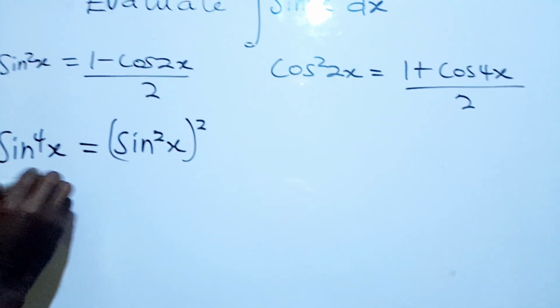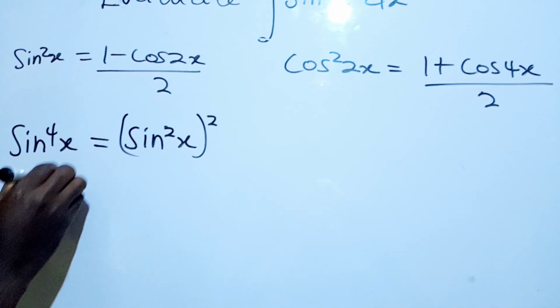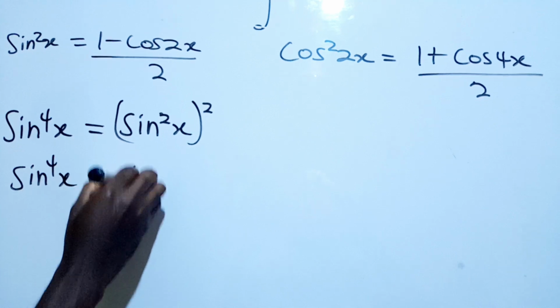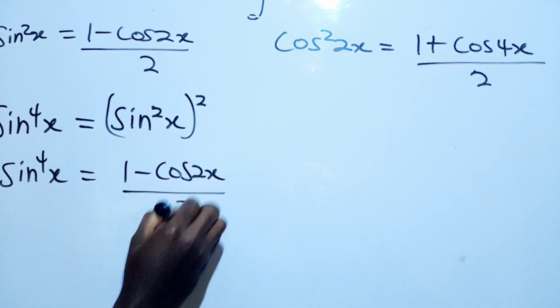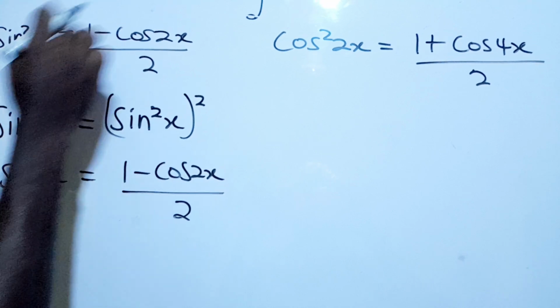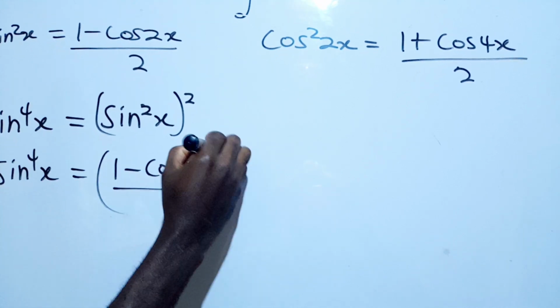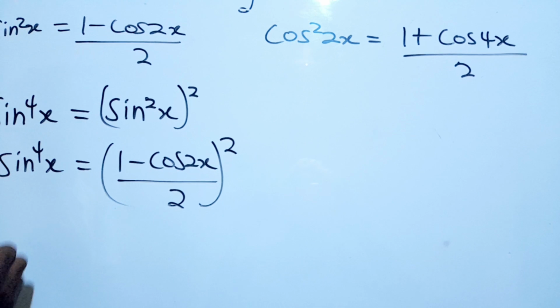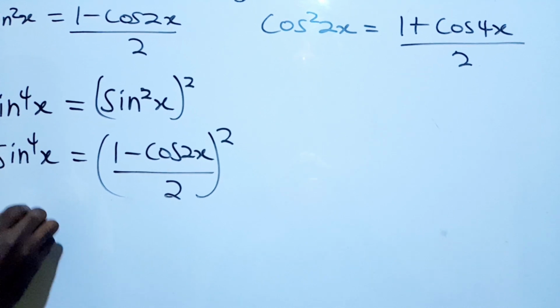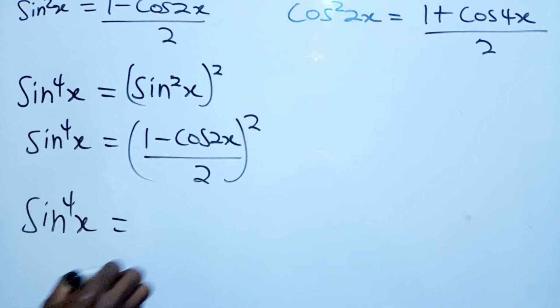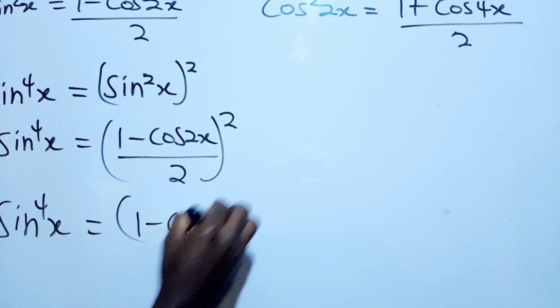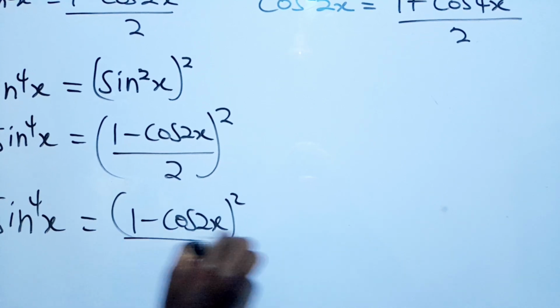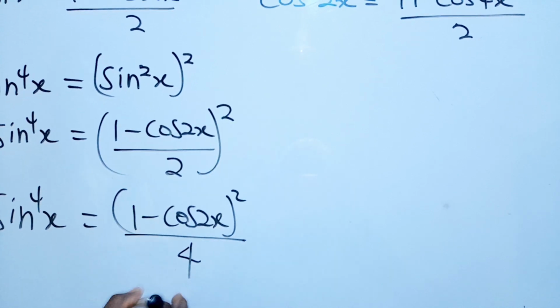So we can say our sine exponent 4x is equal to, in place of sine square x, I'll substitute 1 minus cos 2x over 2, all square. So sine exponent 4x is equal to 1 minus cos 2x all square over 4. That's 2 square is 4.